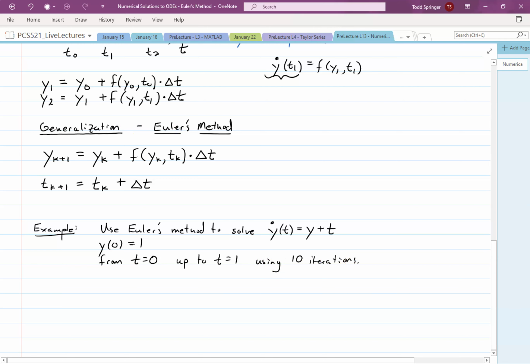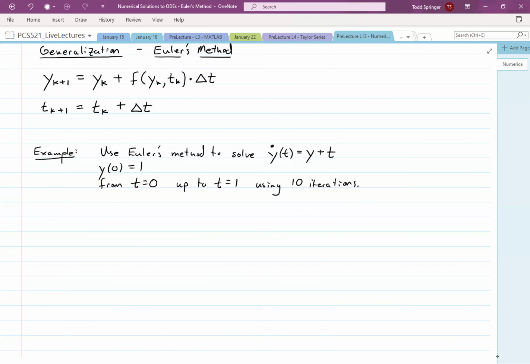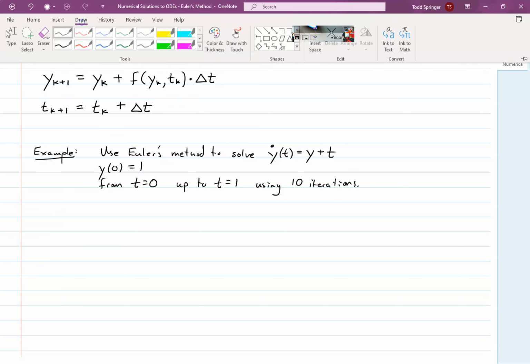By the way, you might be asking, why would I do it with this equation? This is a linear equation. I can solve this equation. I'm going to do it this way just to show you, because we can solve this one exactly, we can compare and see how well our numerical method is doing.